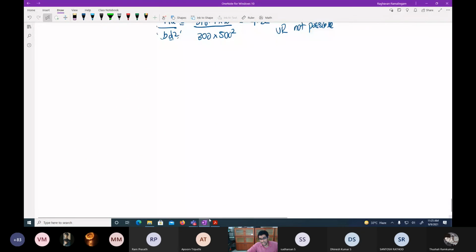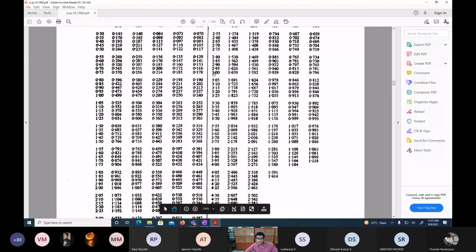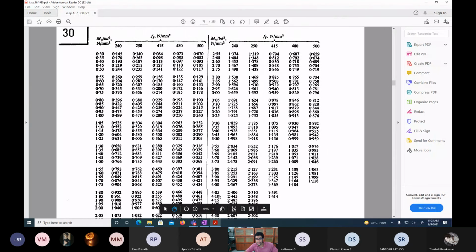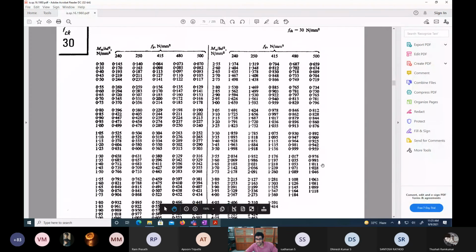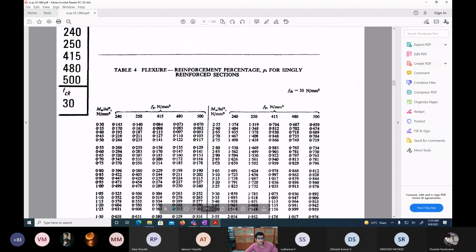In this case, if you don't have a value over here, look at these values of Mu by bd square: 2.8, 2.85, 3, 3.3, 3.83, all the way till 4.45. But for fy 500, the last value that I have is 1.118, which corresponds to Mu by bd square equal to 3.95.